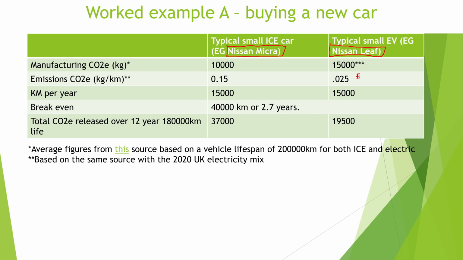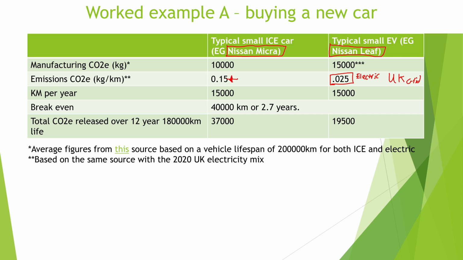Okay, well, the electricity has to be made, and that's where these emissions come from. Obviously, the car is electric, but the power has to come from somewhere, and this is based on the UK grid mix. Okay, so the UK does have a substantial amount of renewable energy. Some days it's up to 50% now, and therefore the emissions from creating the electricity are much lower than the emissions from using petrol or diesel in your internal combustion engine.